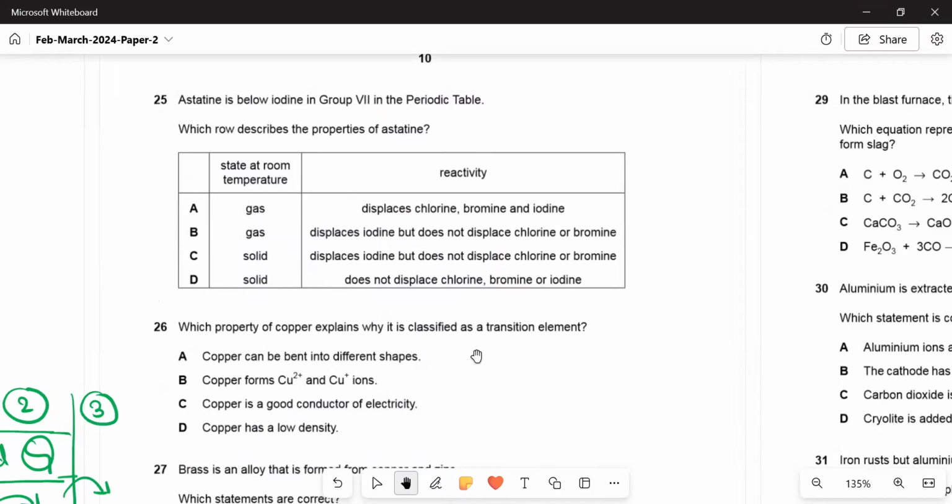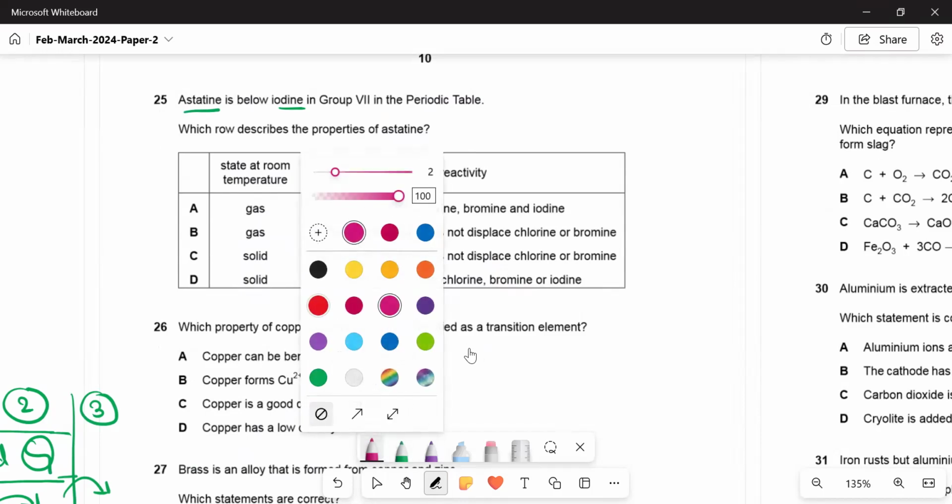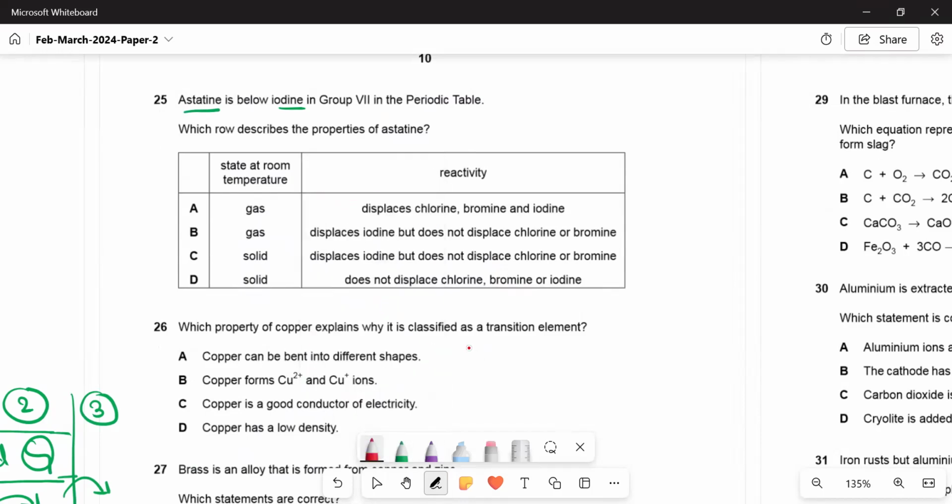Then we have question number 29. Astatine is below iodine in group 7 in the periodic table. Which row describes the properties of astatine? Now, astatine is below iodine. So in group 7, we have fluorine, bromine, iodine, and then astatine.